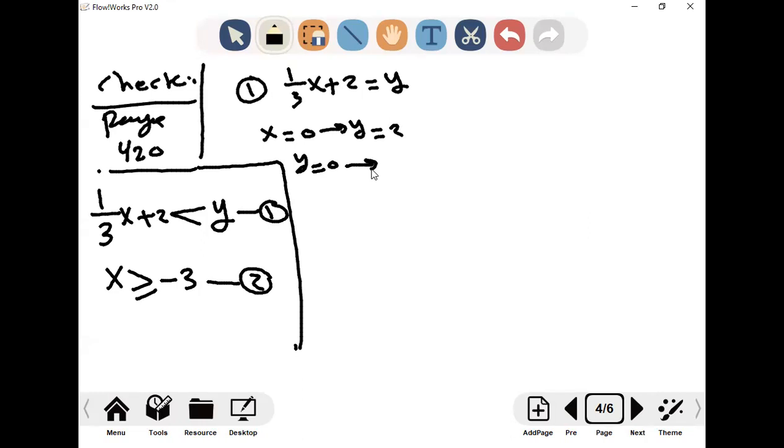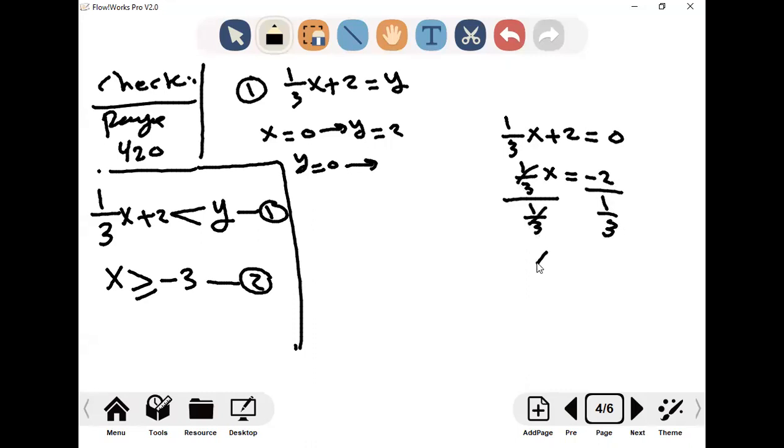In place of y, I'll put 0. So we have 1 over 3x plus 2 equals 0. Shift the 2 here: 1 over 3x equals -2. Divide by 1 over 3. Solving the normal equation, x will be -6. Do you understand how I did it? -2 divided by 1 over 3 is -6.